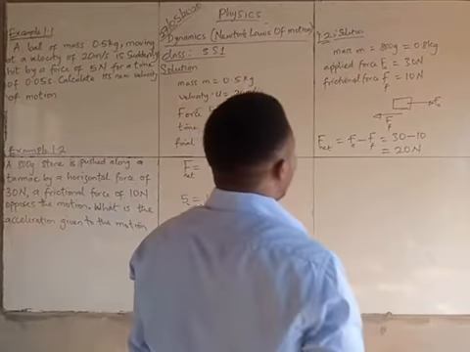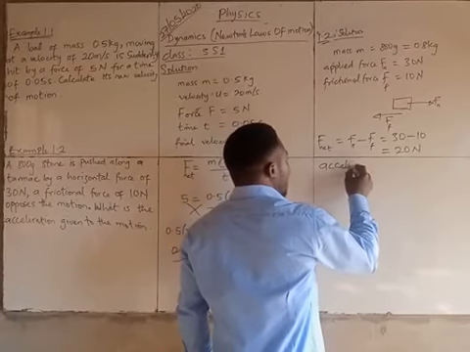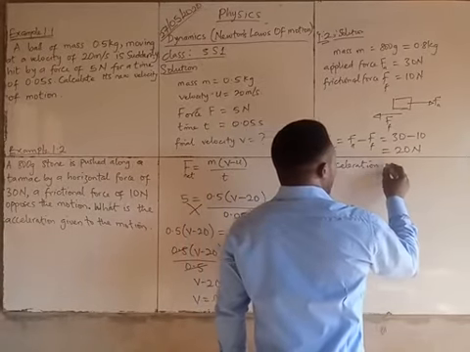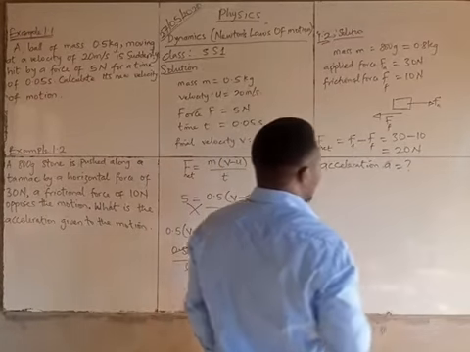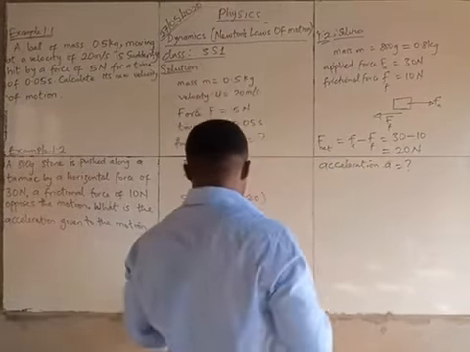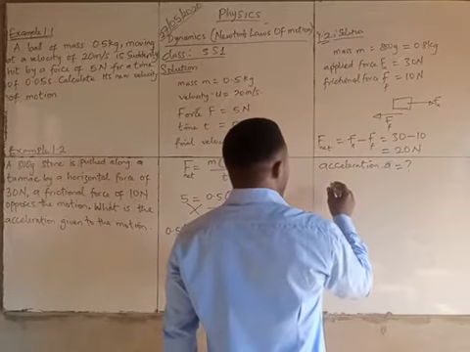Now, after we have this, we have to find the acceleration of this motion. That is, a is unknown. We are looking for that. We'll recall Newton's second law of motion again.